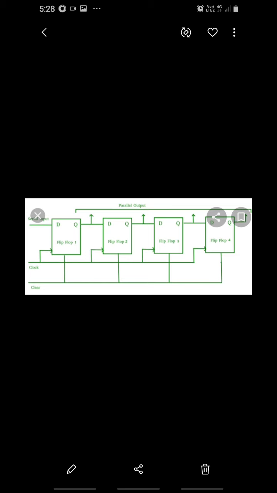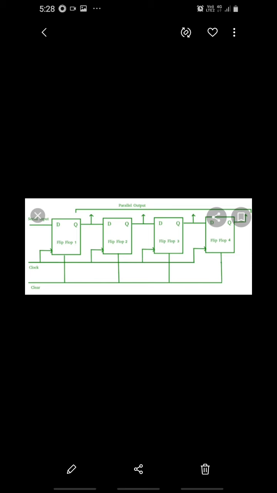Operation. In order to understand the working of the shift right register, let us assume that we want to store the data 1101 in the register.